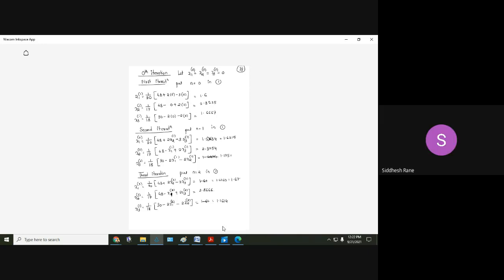Check which one is correct: 1.41 or 1.67.